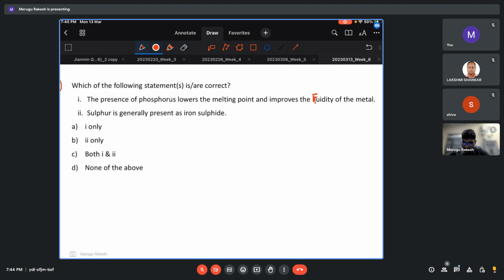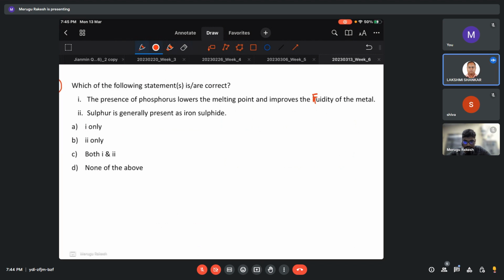The first option is: the presence of phosphorus lowers the melting point and improves the fluidity of the metal. The second point is: sulfur is generally present as iron sulfide. Sir, I think the first point is correct, the presence of phosphorus improves the fluidity.